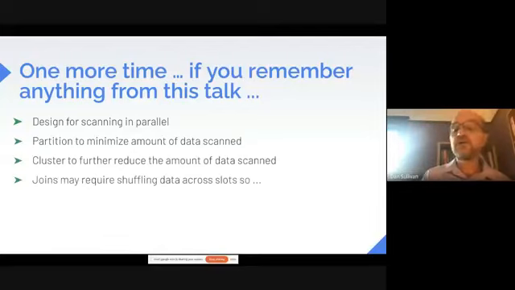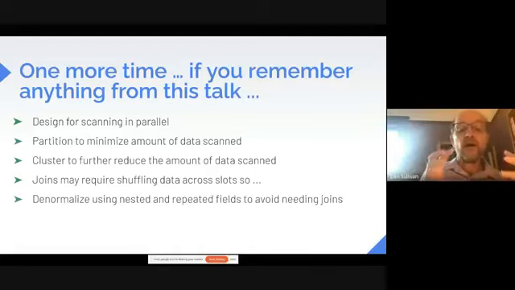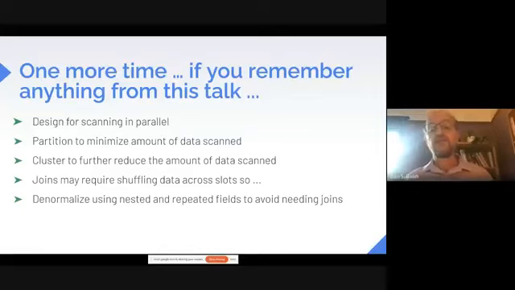Now I can use joins, and that's perfectly fine, especially joining large tables and small tables. That's certainly fine, but it often helps to denormalize and use nested and repeated fields to avoid joining, especially when you're joining two large tables. If you can find a way to denormalize and use nested and repeated fields instead, that's almost always a better option.